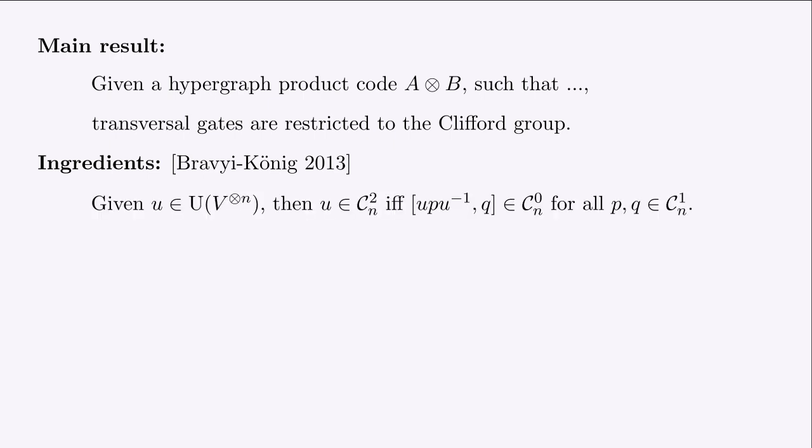It relies on this little lemma here. So we're given an arbitrary unitary operator U. U is going to be a Clifford operator if and only if this thing is a phase for all P and Q Pauli operators. I think this is the only bit of algebra I'm going to show.